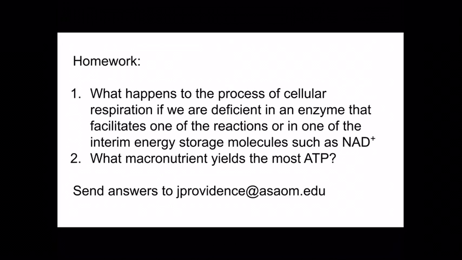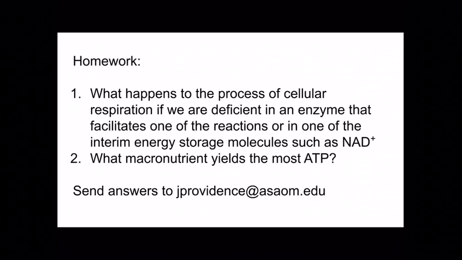Okay, so your homework is to answer these 2 quick questions. What happens to the process of cellular respiration if we're deficient in an enzyme that facilitates one of the reactions, or deficient in one of the interim storage molecules, such as NAD+? Remember, in the last lecture we talked about NAD+ being a derivative of a B vitamin.